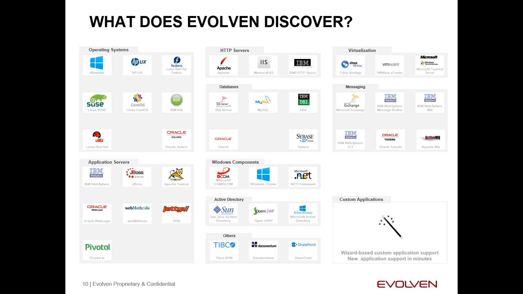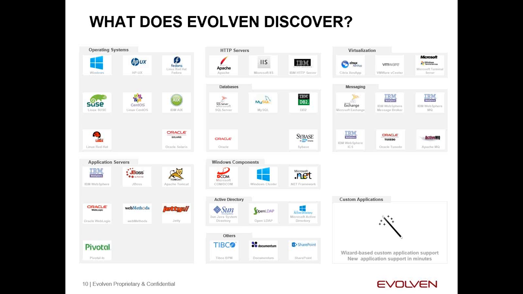In terms of the other things, it's things like app servers, web servers, database servers, Active Directory, and LDAP. It's other applications like SharePoint or Documentum. It's middle tier messaging layers like Tuxedo or MQ. And again, these are a subset of them. There's tons more.